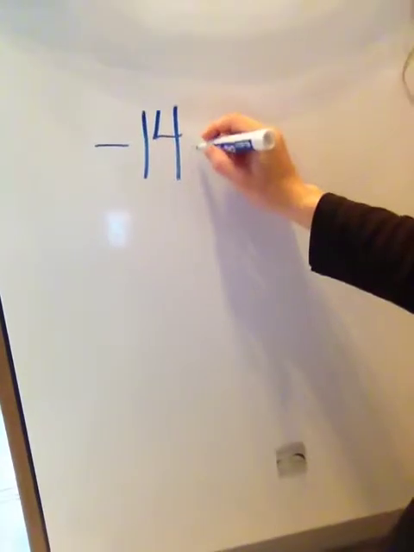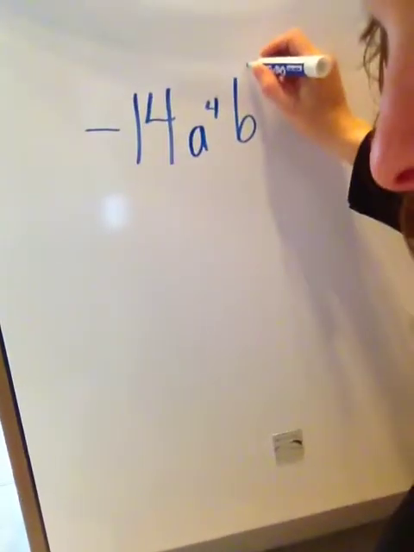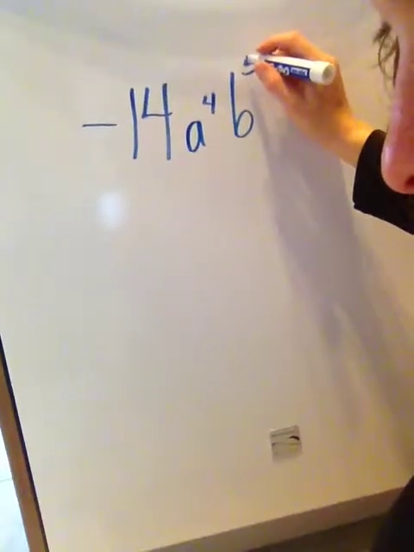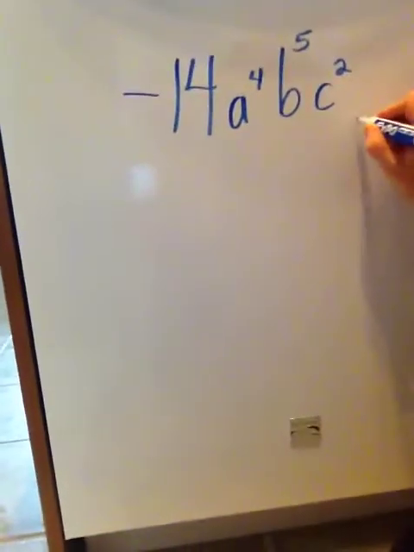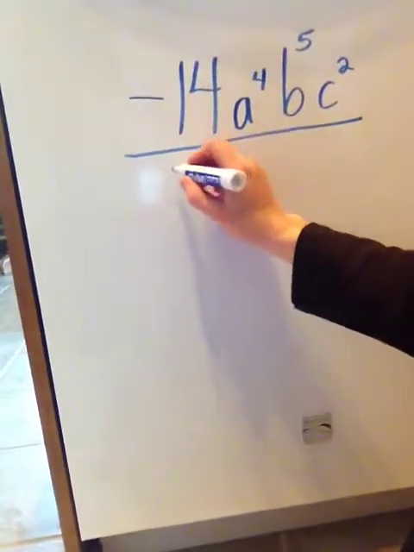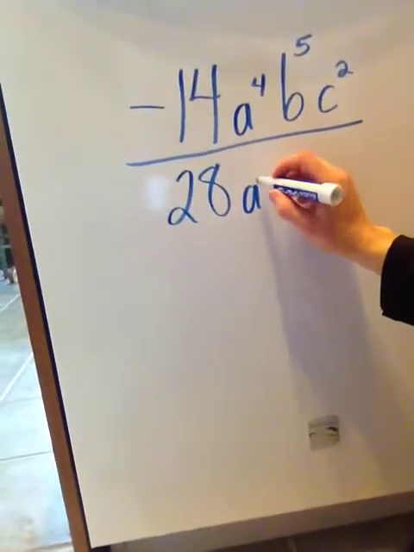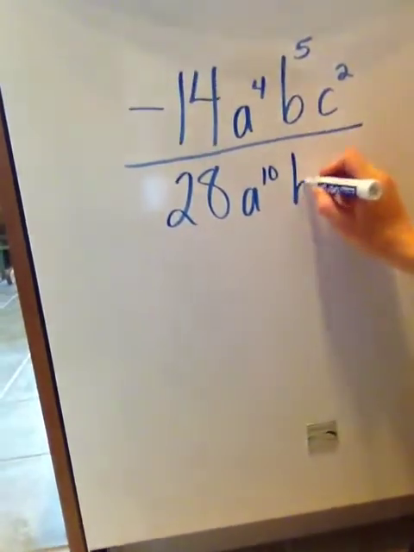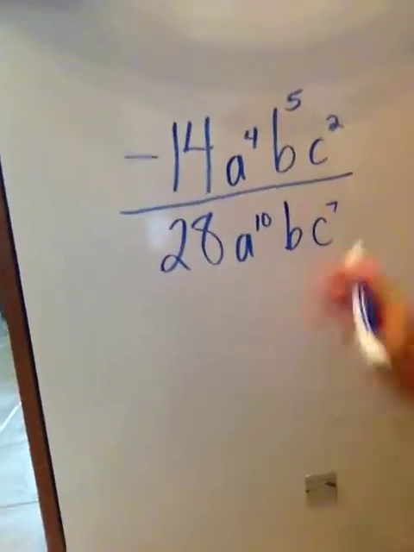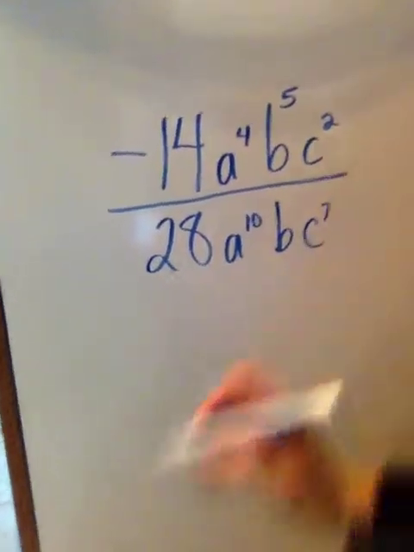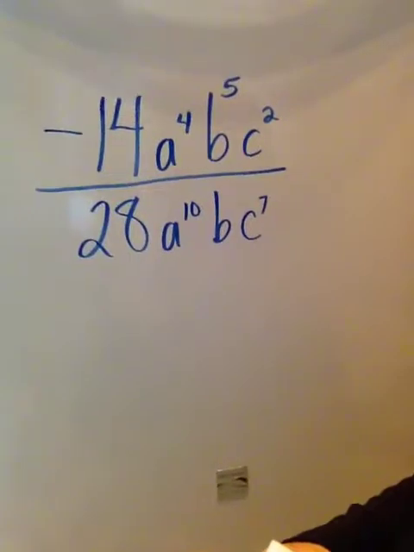We'll do -14 a to the 4th, b to the 5th, c squared over 28 a to the 10th, b, and c to the 7th. Okay, hopefully you can see that. Okay, again, don't be stressed out because it looks overwhelming.